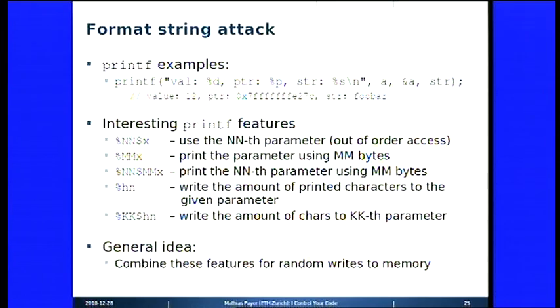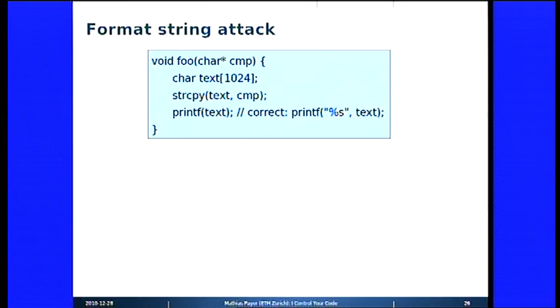And we can combine these features to get random writes to memory. So if we have our vulnerable function, once again, we've got a local buffer, we've got a string copy, and we then use printf. This function also has a buffer overflow, but this time we are not interested in the buffer overflow here.